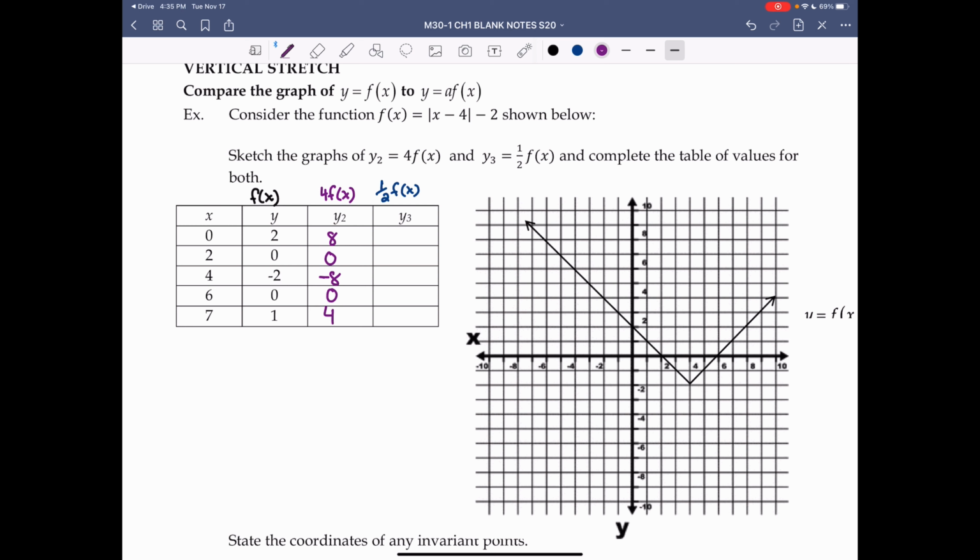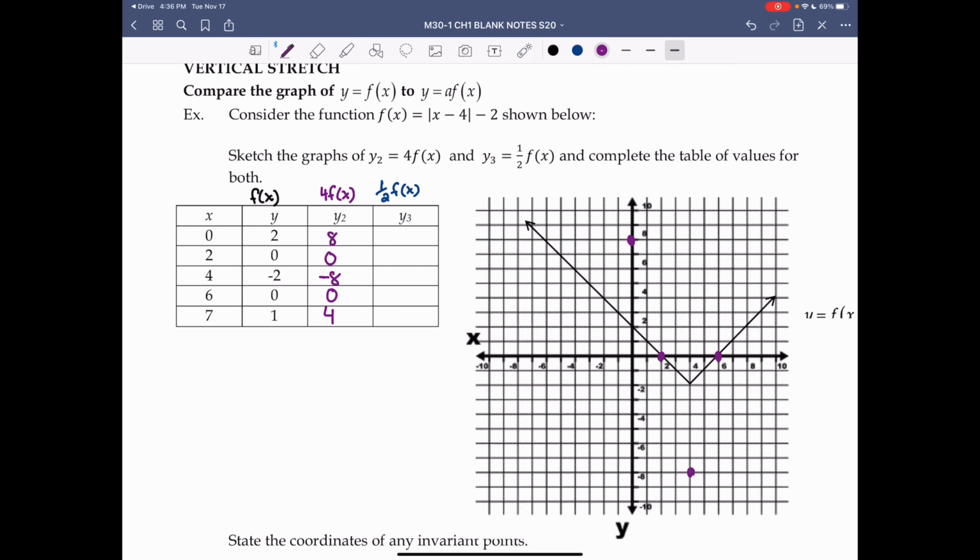Let's plot those points. When x equals 0, y2 is 8. When x is 2, y2 is 0. When x is 4, y2 is negative 8. When x is 6, y2 is 0.